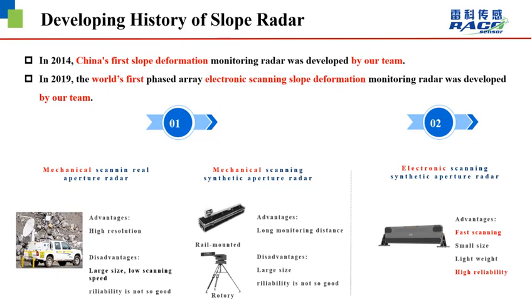This is more suitable for working in harsh environments. In 2019, the world's first phased array electronic scanning slope deformation monitoring radar, it's quite a long name, was developed by our team.